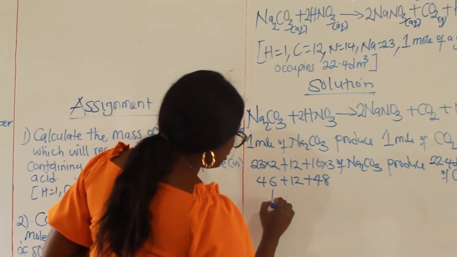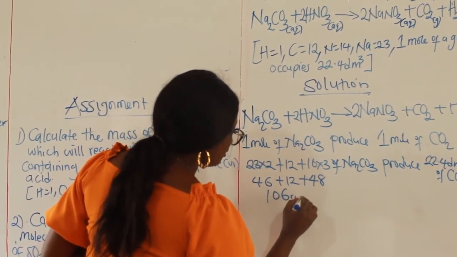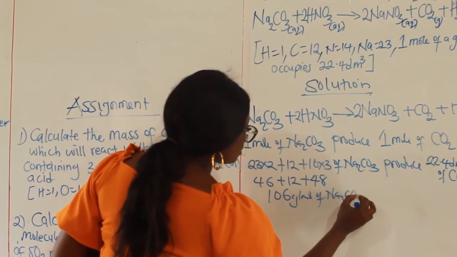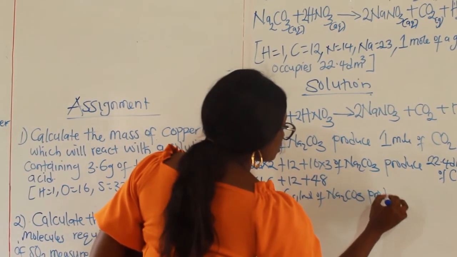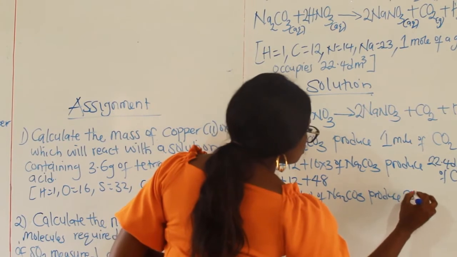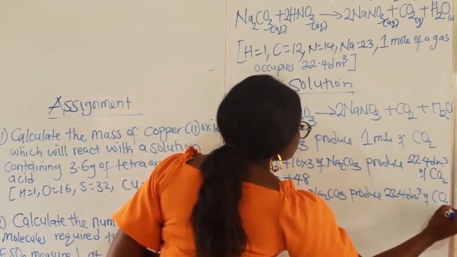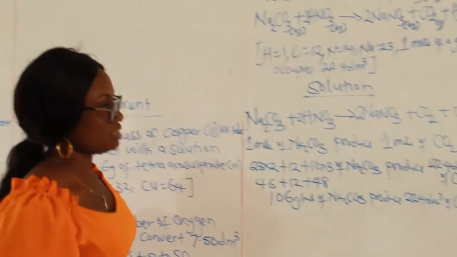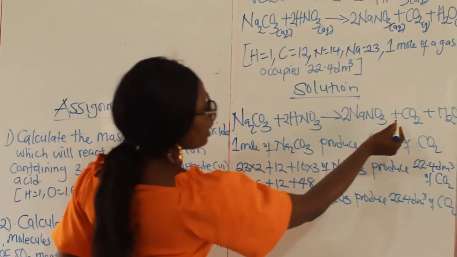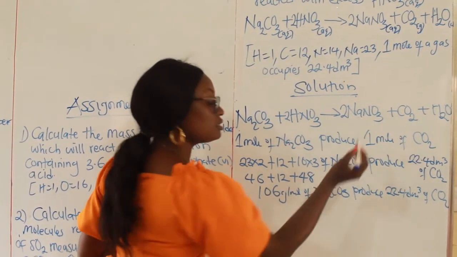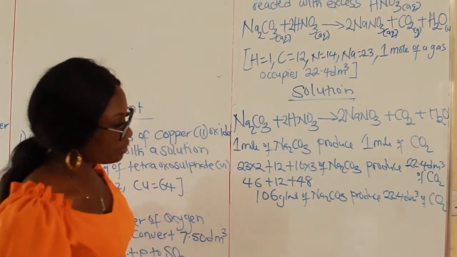So we have 106 gram per mole of sodium carbonate producing 22.4 dm³ of CO2. That still retains that because it's 1 mole. If we have 2 here, it will now be 22.4 multiplied by 2. But because it's just 1, so it's 22.4 dm³.